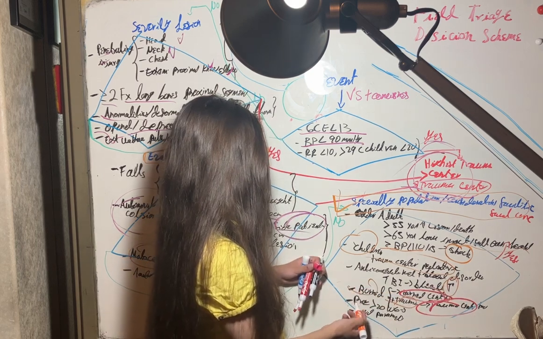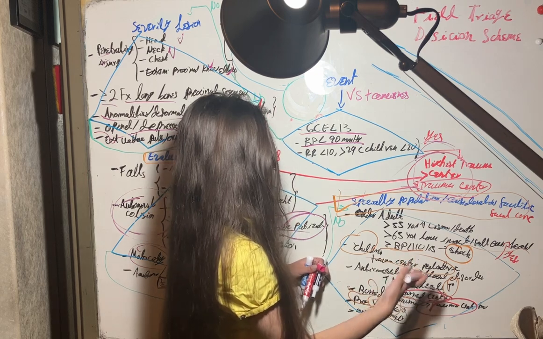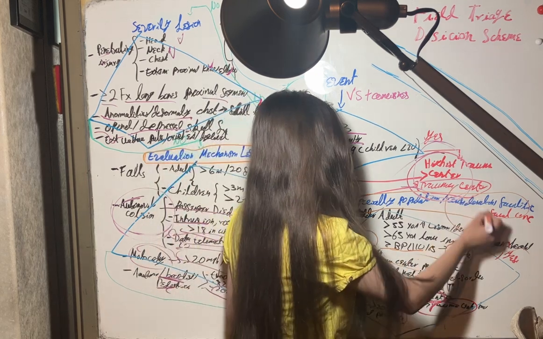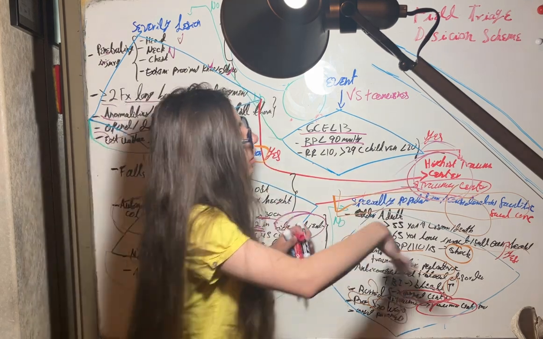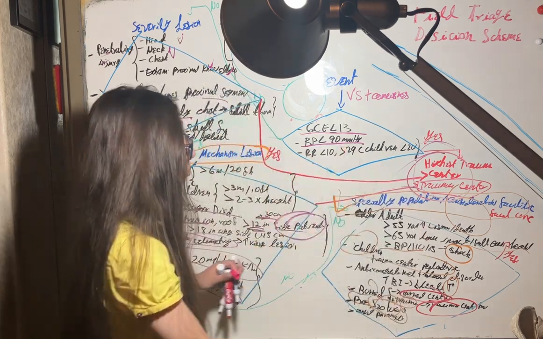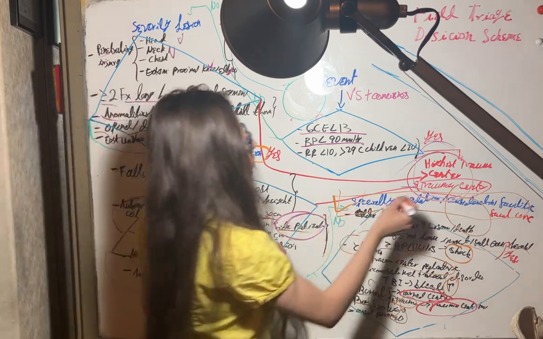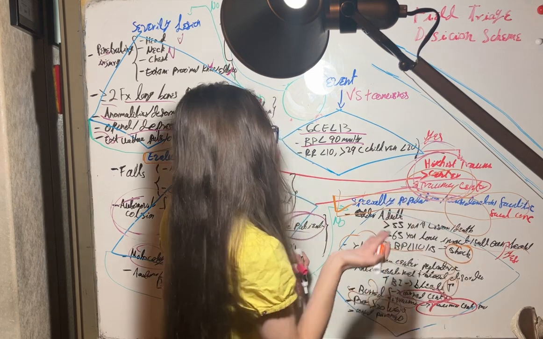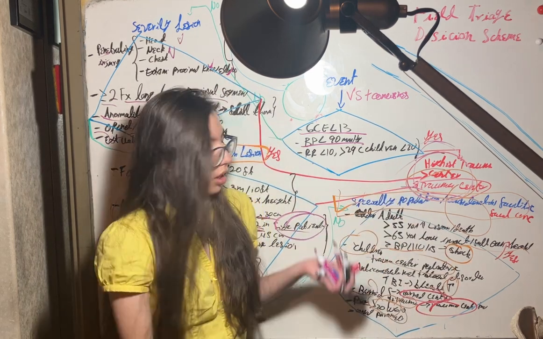If we have a pregnant woman greater than 20 weeks of gestation, should be transferred to a facility that can take care of this patient. And so this is the flow diagram of the decision making about taking the patient to a trauma center, or specifically which care facility should be taking care of the patient.